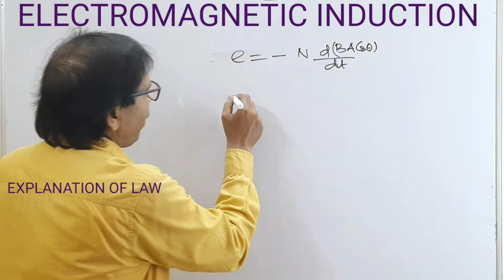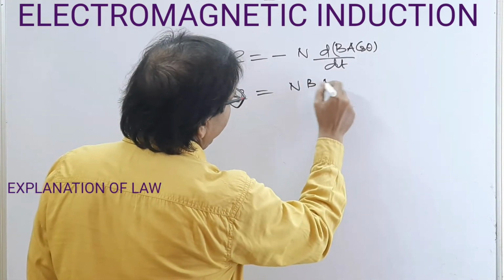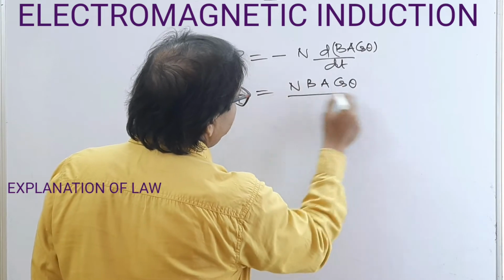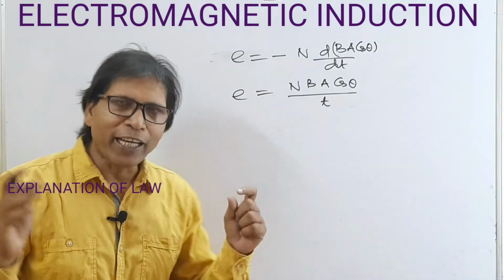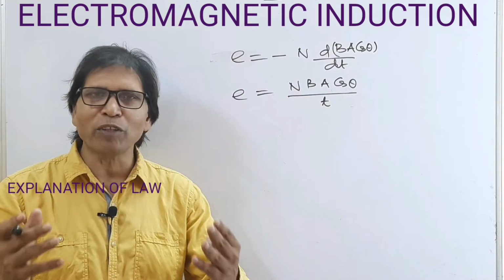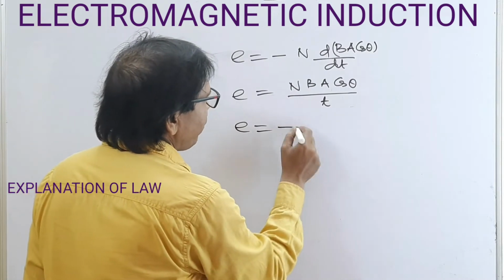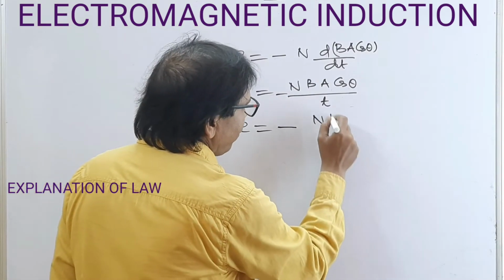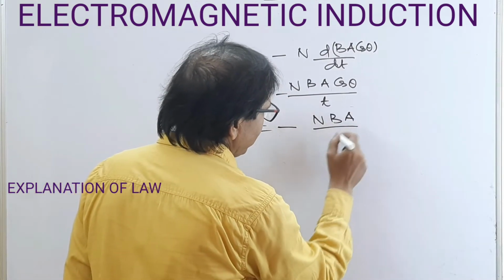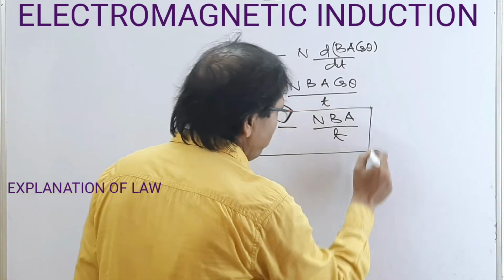Look at this, the average induced EMF is N B A cos theta divided by t. If theta equal to 0 degree, that is the magnetic field is normal to the plane of the coil, so look at this, E becomes minus N B A by t. So this is the average value of induced EMF.